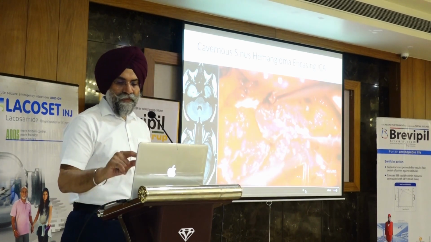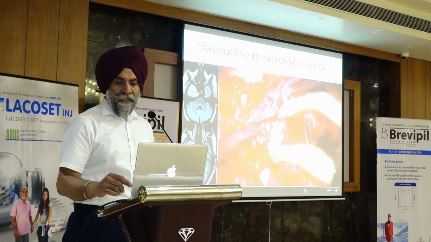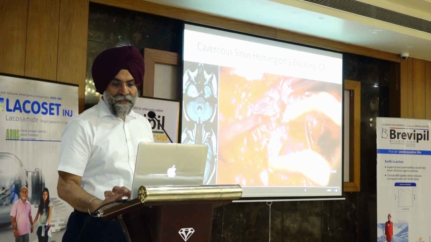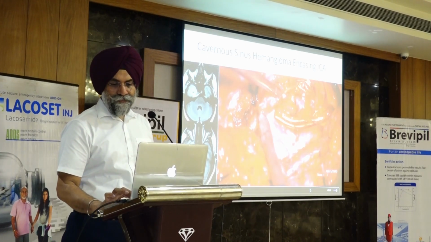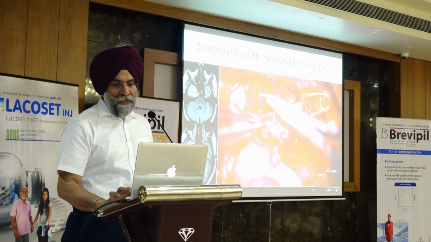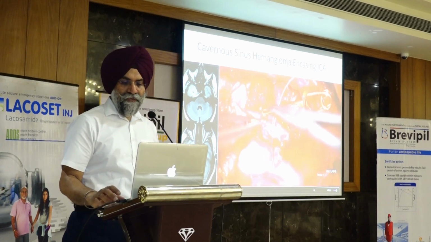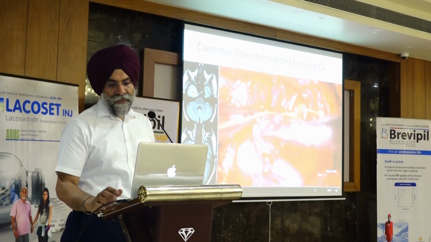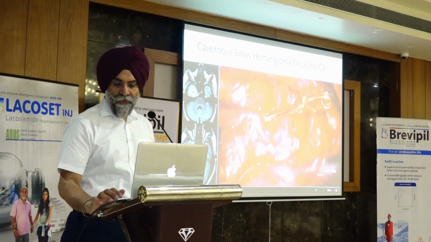In the same way, 360-degree dissection around the ICA is done. Once the tumor is taken off, it is trapped, and these branch holes are repaired with just 2 sutures of 7-0 Prolene.